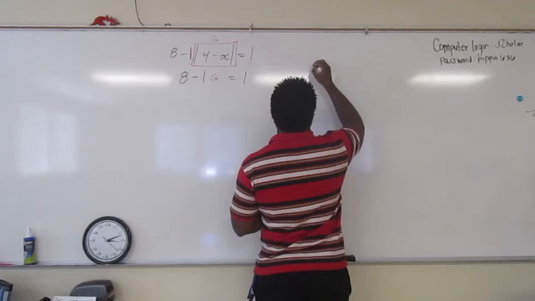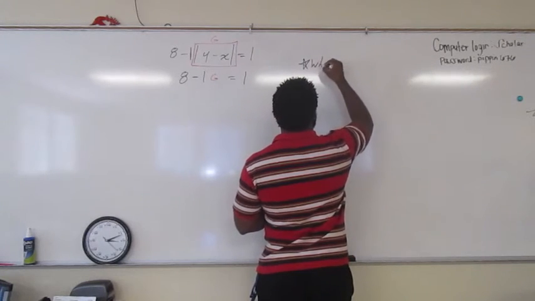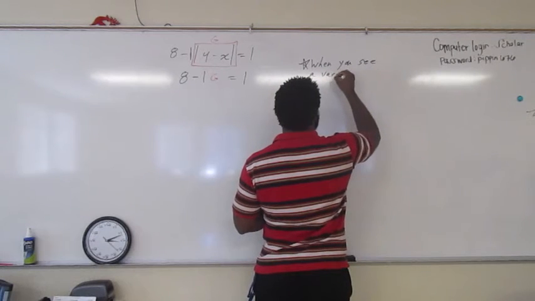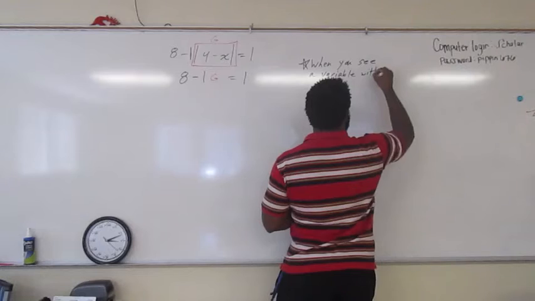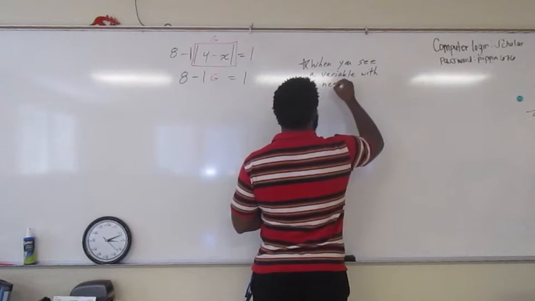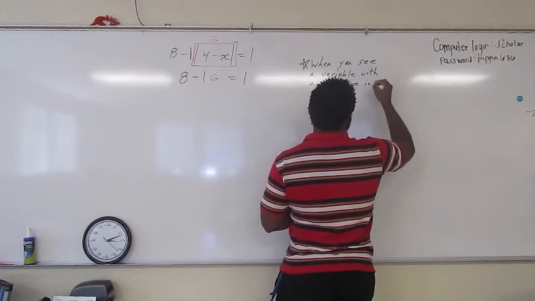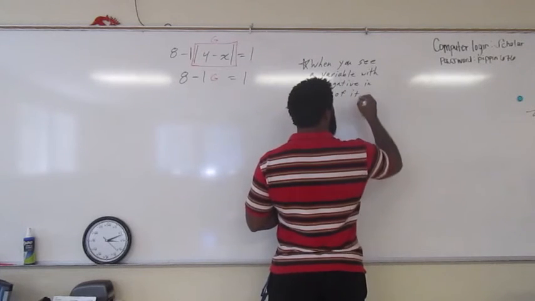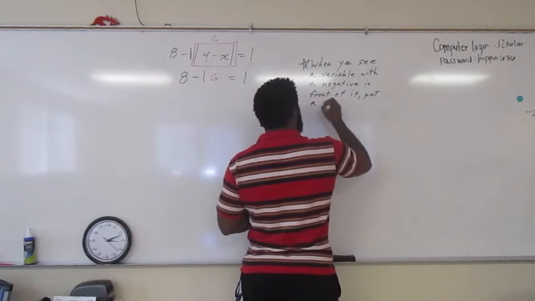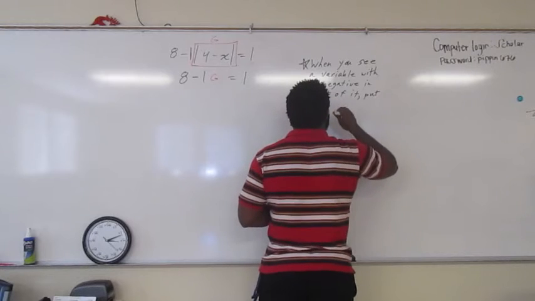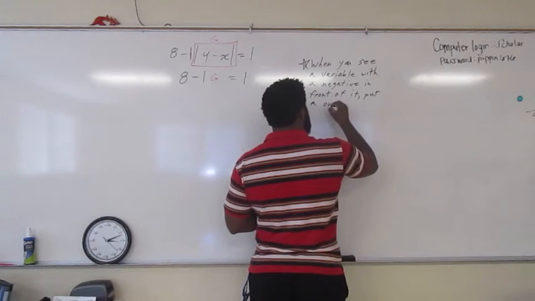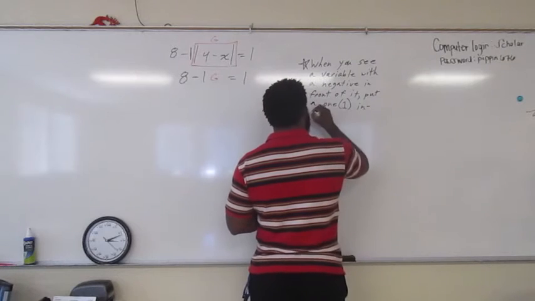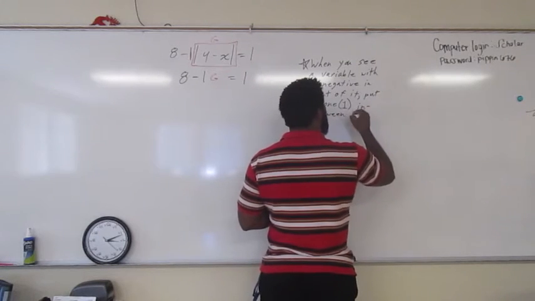When you see a variable with a negative in front of it, put a 1 in between them.